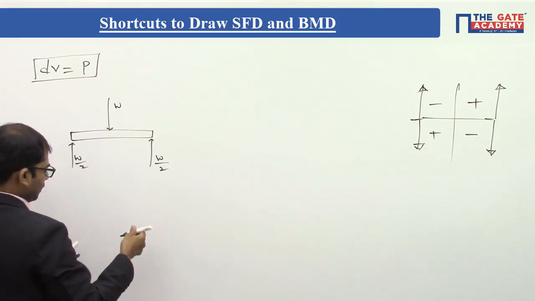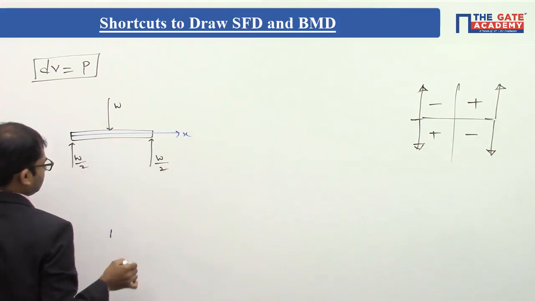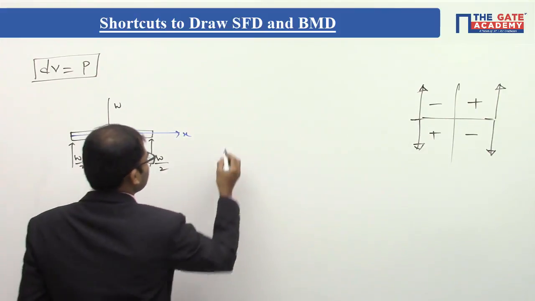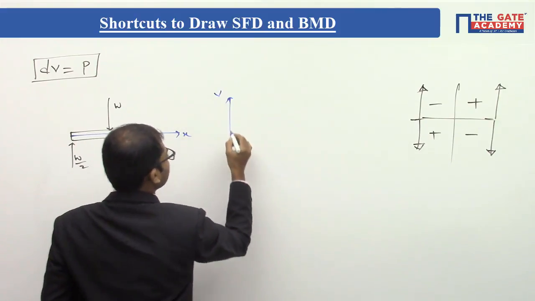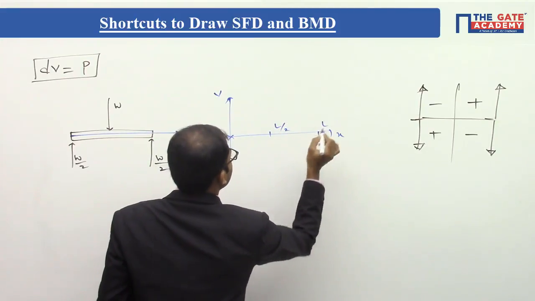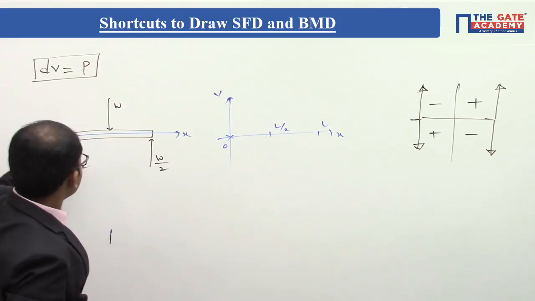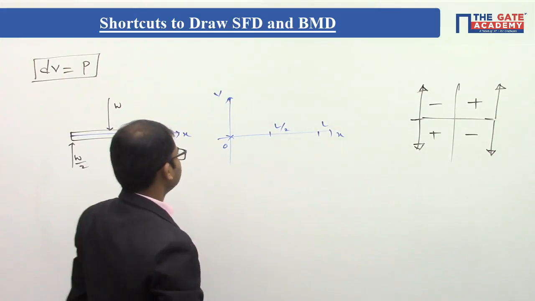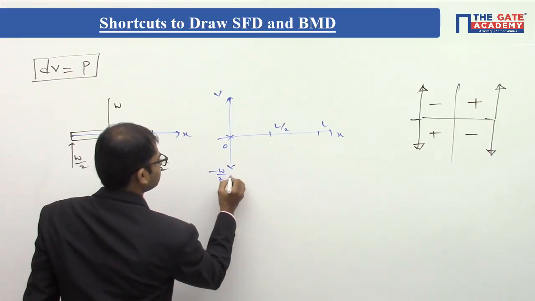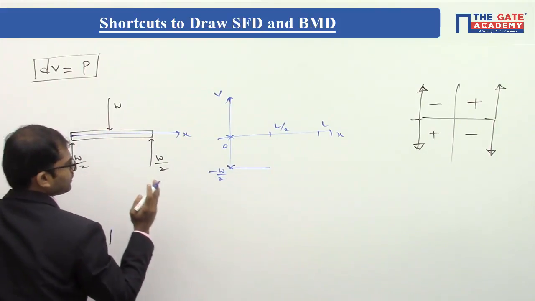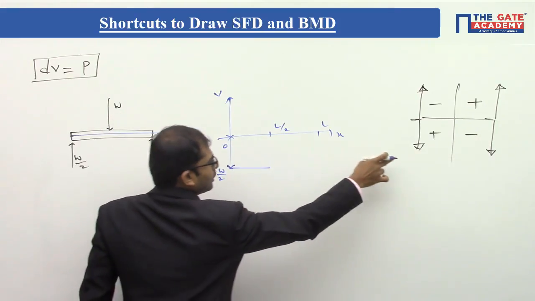So this is the value of the length x here. If you draw the shear force diagram, V, x, 0, L by 2, L. At this location, W by 2 is upward, negative change. It goes on like this. Till this location, no change. At this location, W downward, positive.